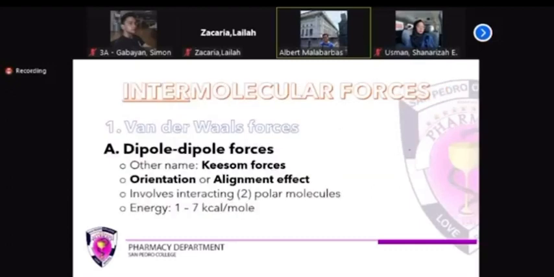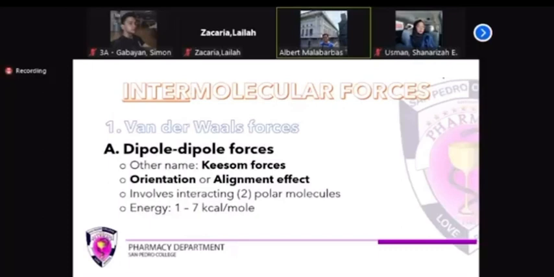Okay? So to describe further the different types of intermolecular force under van der Waals forces, the first one is your dipole-dipole.